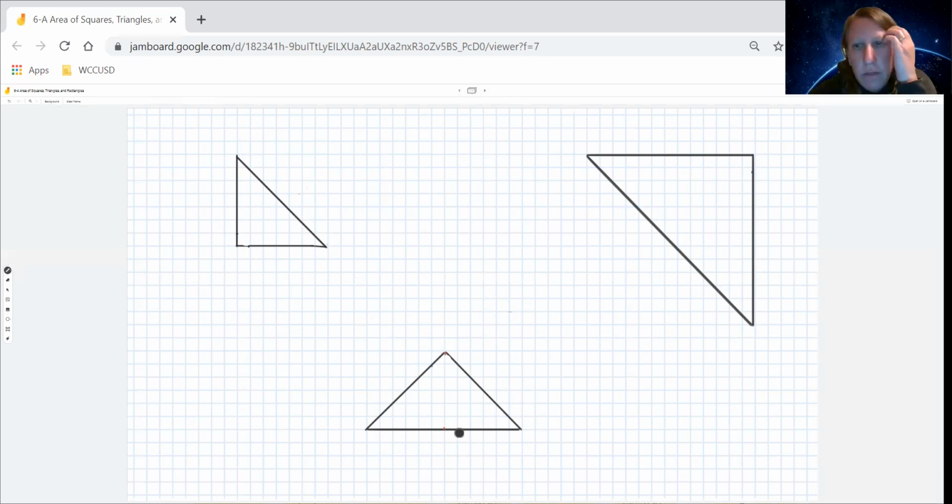So all three of these, do you know what types of triangles these are? These are right triangles, and that's classifying by the angles. What about the sides? Do these look special? Yep. These are right isosceles triangles, and they're kind of special.